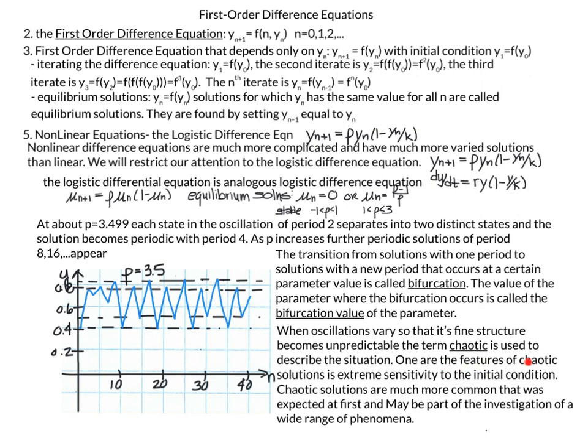One of the features of a chaotic solution is extreme sensitivity to initial conditions. What that means is, if you have an experiment and you start at some initial condition, say your first value is 0.3, and then you want to replicate that experiment with nearly identical conditions, but not quite, so maybe u is equal to 0.2999999, really close to 0.3.